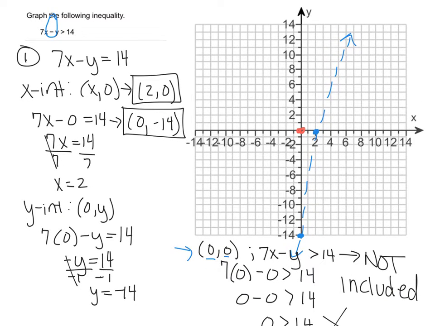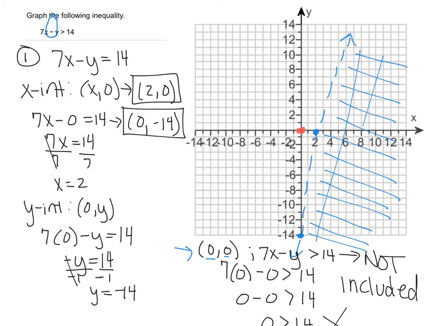So if I go back to my graph, I'm going to shade on the right side of the line because this is the side where the test point is not included. So the answer to my problem is this graph where I have the dashed line and then everything shaded to the right of the line.